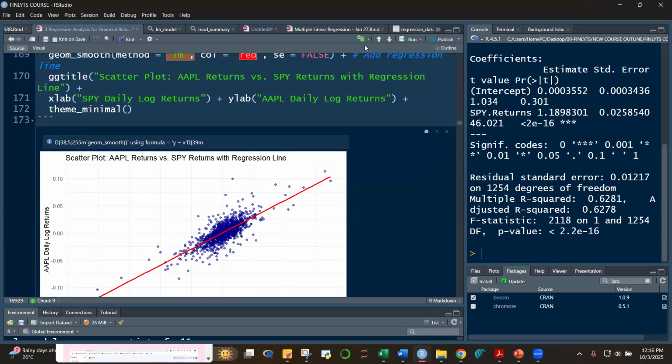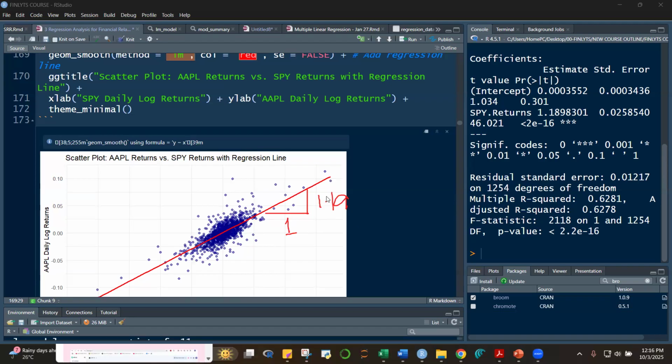So we know that the slope of this one is 1.18, 1.19 approximately. What does that mean, class?